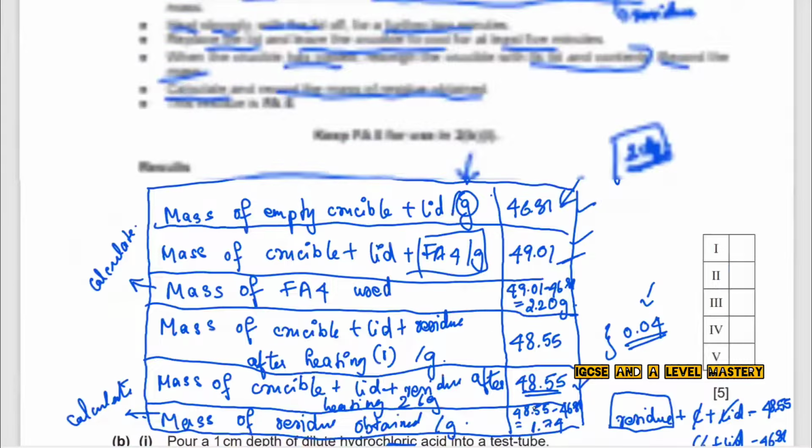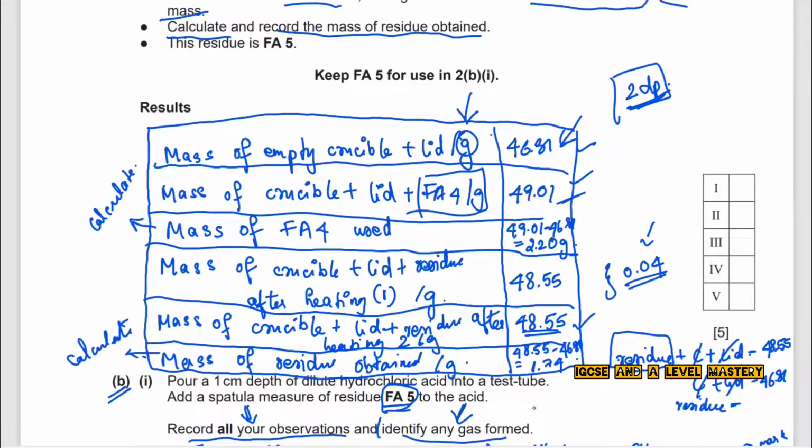We know the residue has a mass of 1.74. And initially the mass of Fa4 used was 2.20 grams, and then it became 1.74.